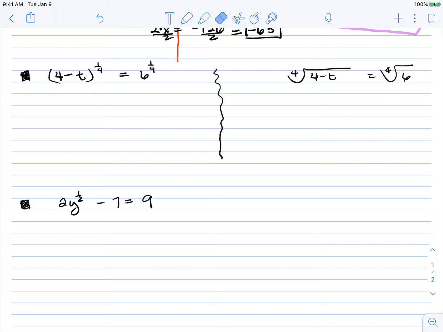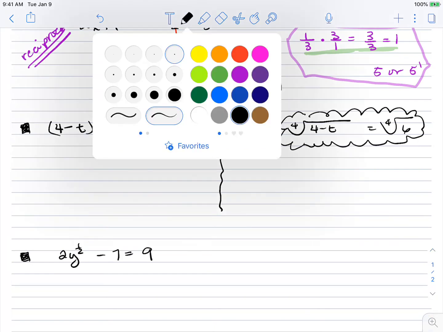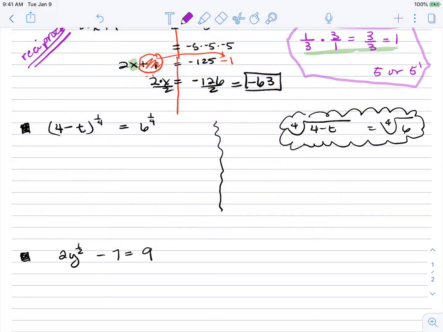And this is a way to do the problem if I wanted to. I'm not going to because I did this problem, exactly this problem, in a different video. I'm going to use this reciprocal idea, this one that I had up here where I said, hey, I can multiply by the reciprocal and it turns it into 1. And I'm going to multiply by 4 over 1 and multiply by 4 over 1.